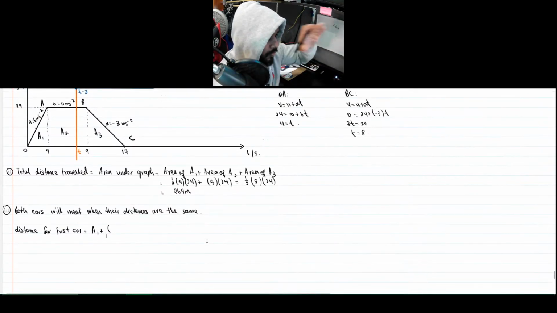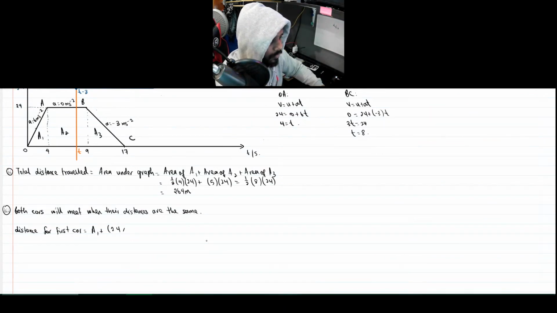A2 will be 24 multiplied by t minus 4. A1 is 48, I think. Yeah, A1 is 48 plus 24 into t minus 4. I'll leave it like that for now.